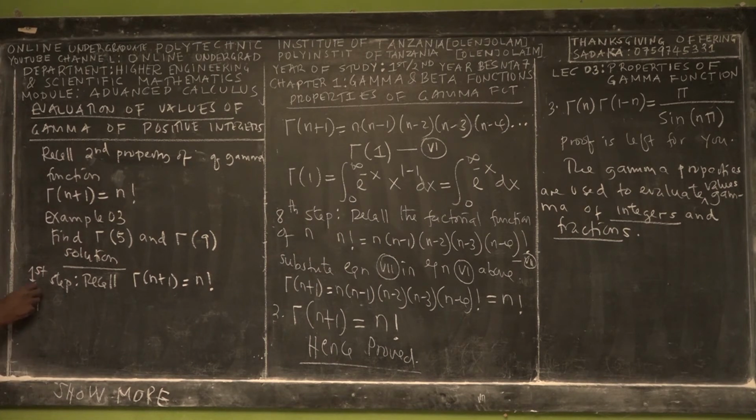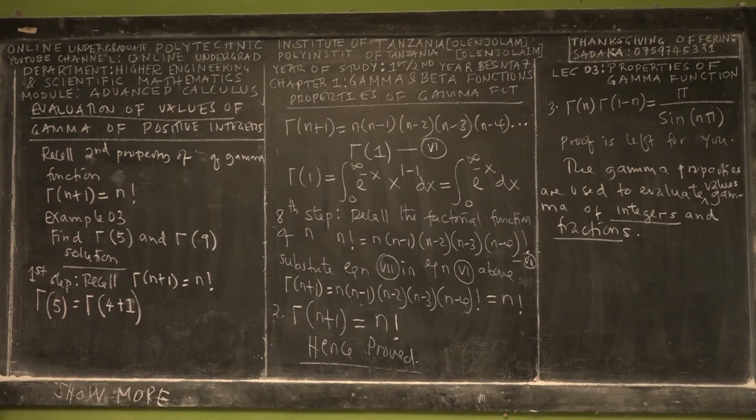So gamma of 5, expressed in the form n plus 1, we split 5 to become a certain number plus 1. So 5 minus 1 remains 4. So gamma of 5 is equal to gamma of 4 plus 1.